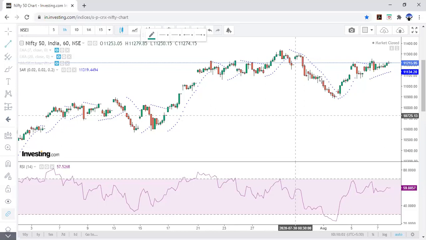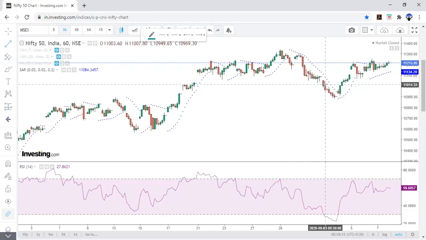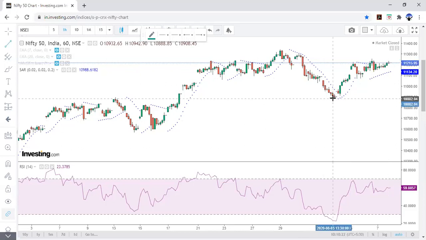From this line maybe it started, August 3rd, and this will be ended. Now the low level is here in August. On the 3rd August, the low level is here.